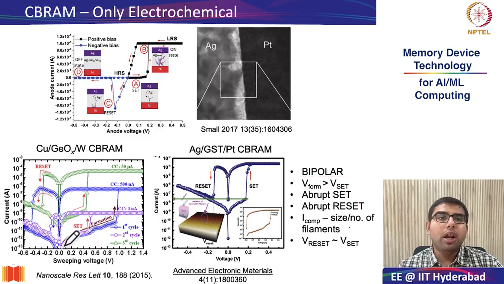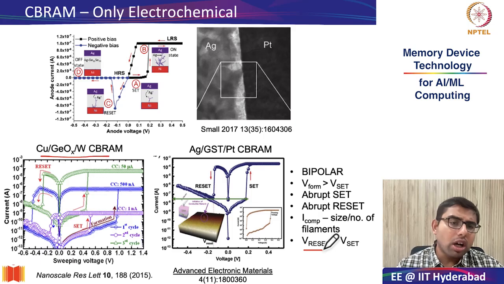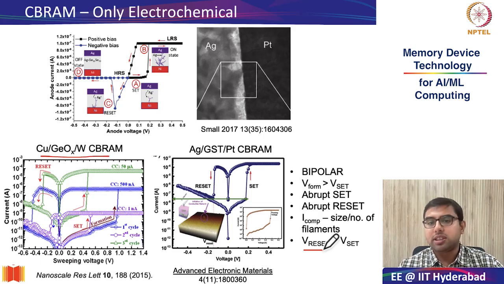Also, we find that similar to VC-RAMs, the compliance current is what controls the size and the number of filaments, as is very clear by changing the compliance current of this particular device shown in this graph. Finally, we note that both the reset currents and reset voltages are similar to the set current and set voltages in the case of CB-RAM electrochemical cell, simply because they are complementary processes.